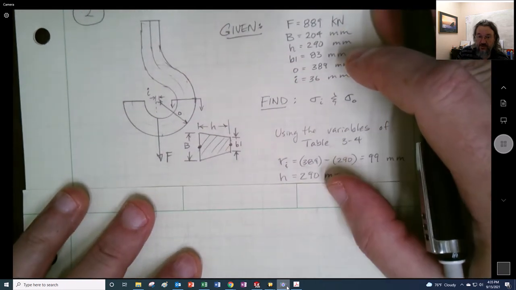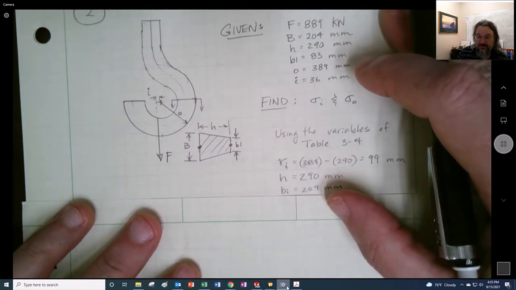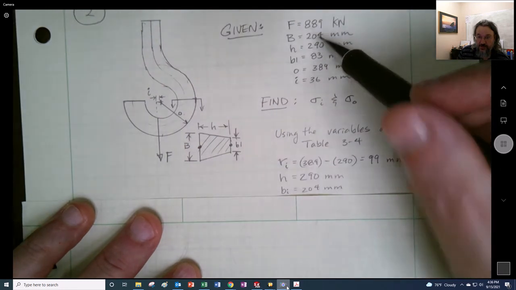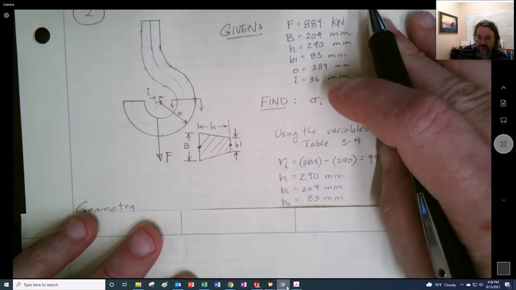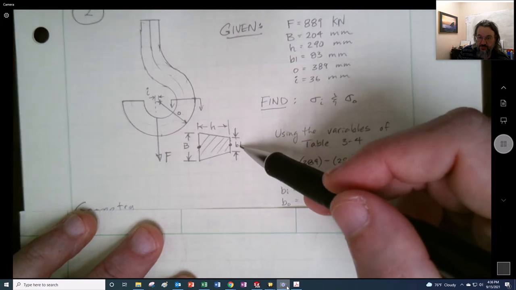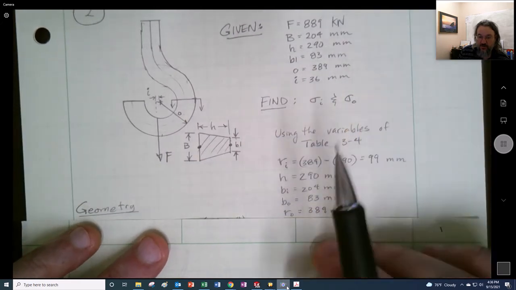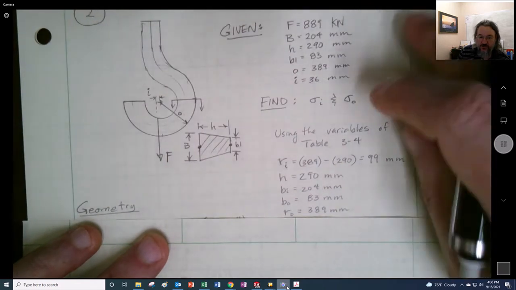And H is actually equal to H in this case. That was nice of them. B_i, what we usually use for B_i, is actually going to be that capital B, so that's the inside width. And then B_o is just going to be this B1 that they gave. And then lastly, R_o, I should have started with that one probably, is equal to their O.